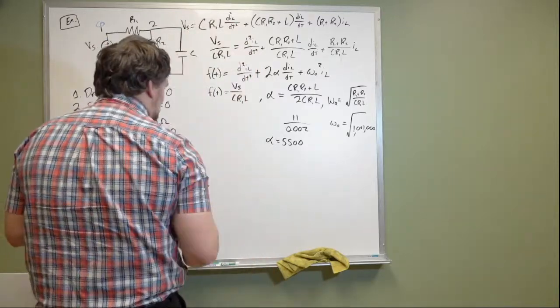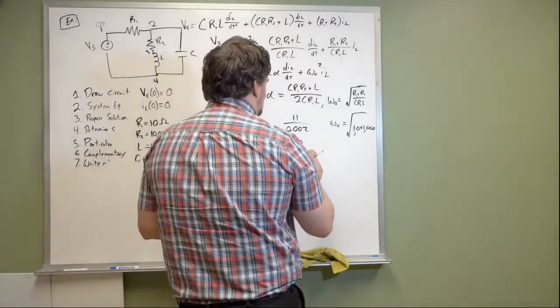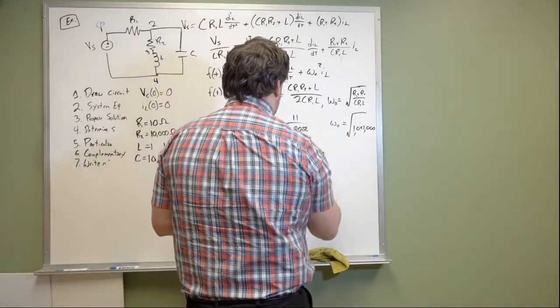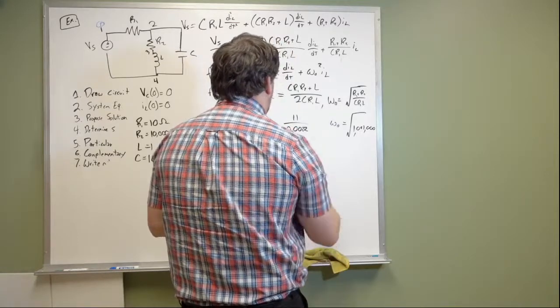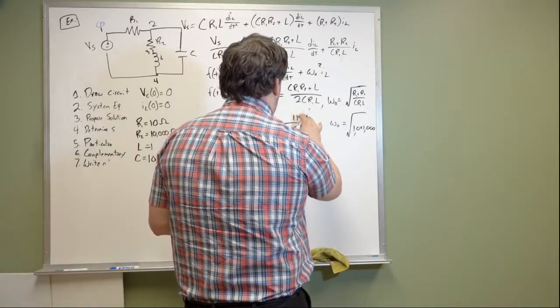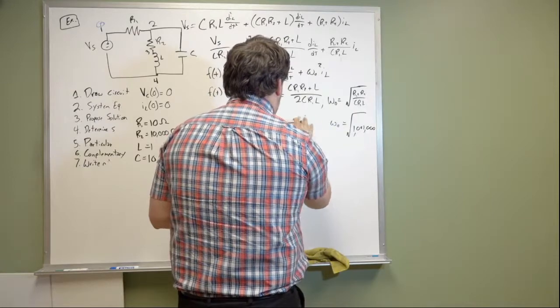Switching this to 1, which changes this to 002, which makes this 550. And actually turns this into 2.